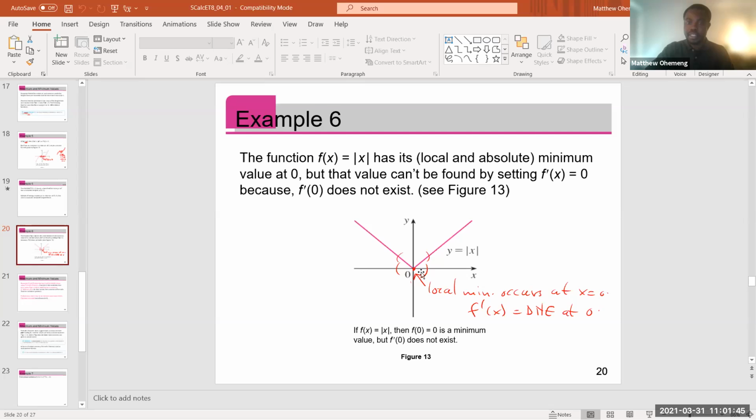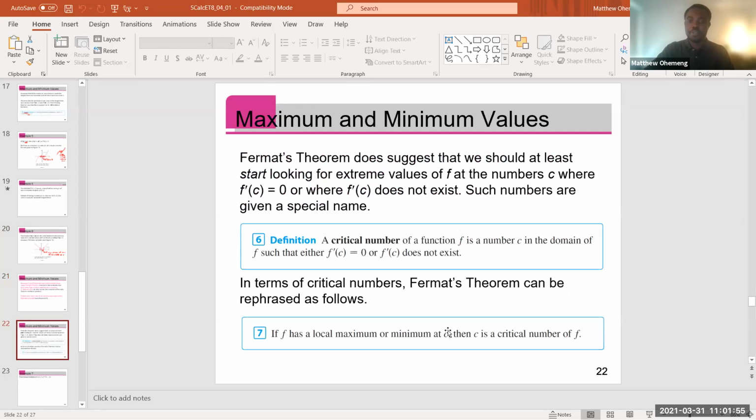We proved that the function is not differentiable here, but you can clearly see that there is a local minimum value here, at 0. So that means that when we are trying to find where the local maximum or minimum occurs, we have to consider 1, where f prime is 0, and 2, where f prime does not exist, or the function is not differentiable, because it could occur at those 2 points.